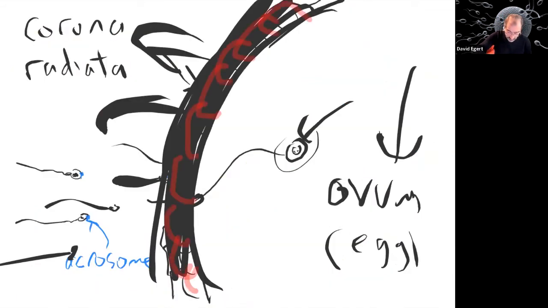Those are the cells that were surrounding it when it was still part of the follicle, and they're still around it when it gets popped out into the fallopian tube. So the egg is never on its own. It's always got this little retinue of cells holding it, taking care of it.